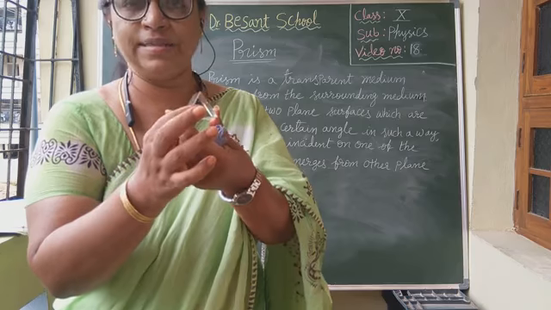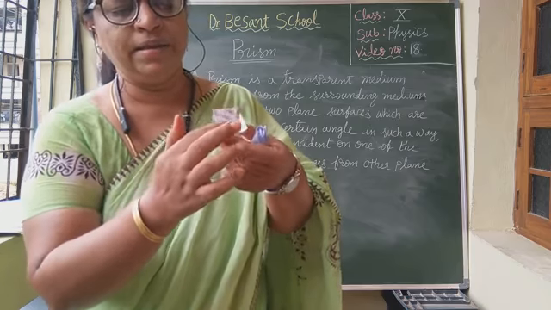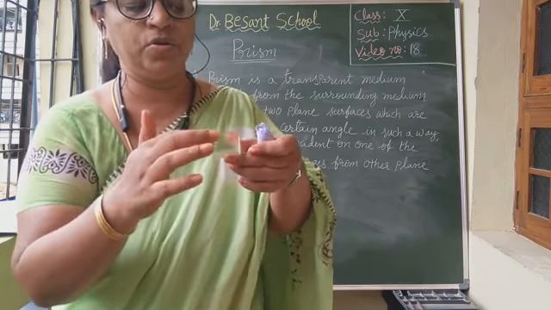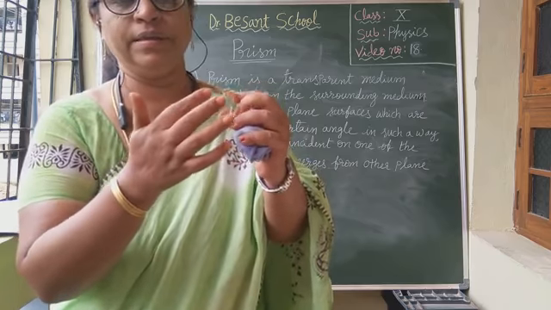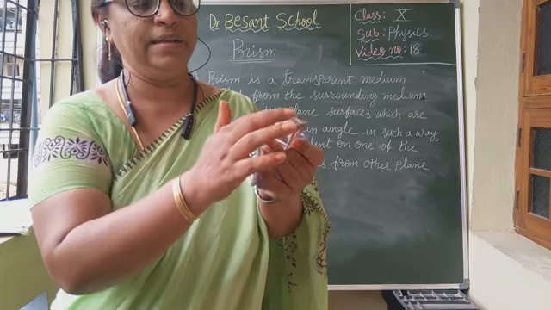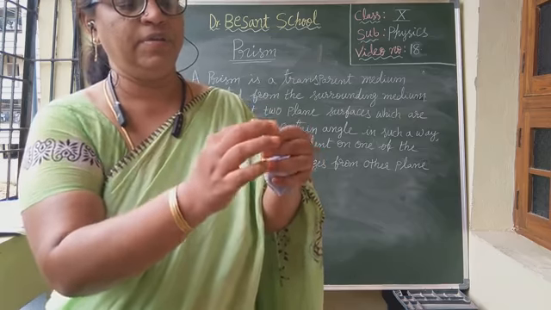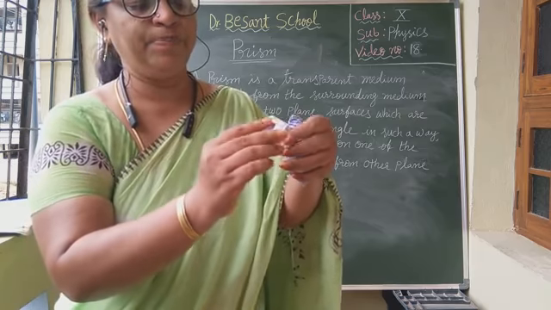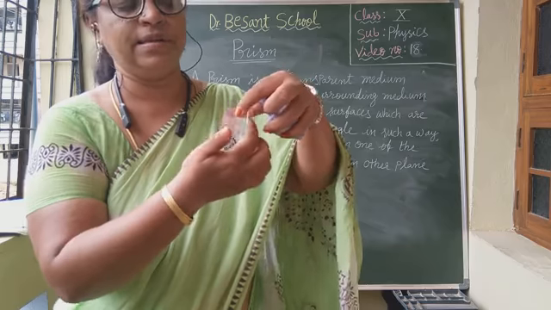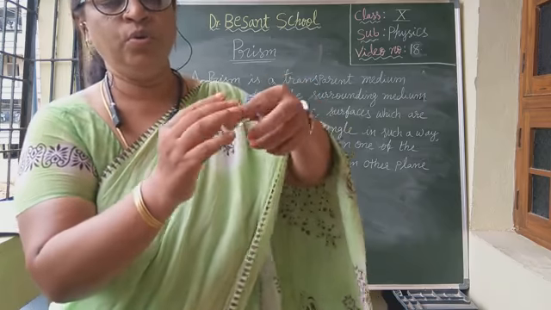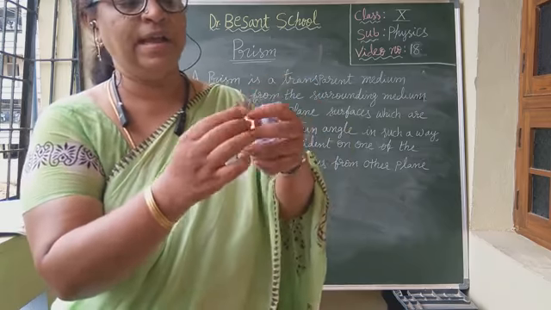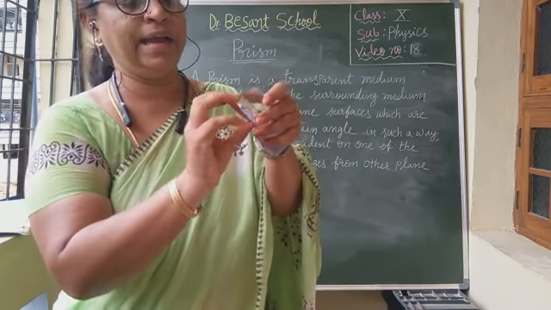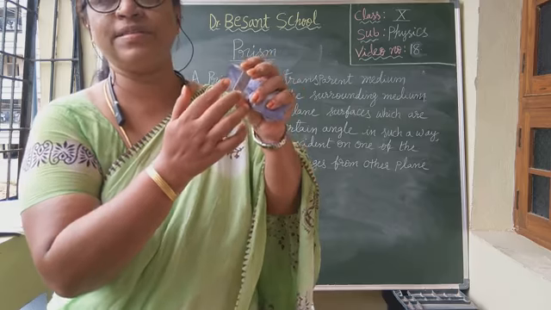So two triangular surfaces and 1, 2, 3 rectangular shapes. Three rectangular lateral surfaces. So it has two triangular surfaces and three rectangular lateral surfaces.